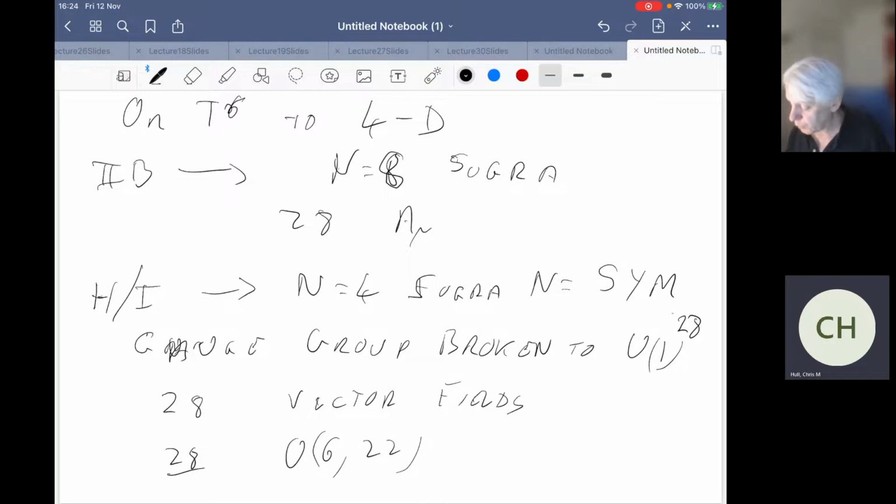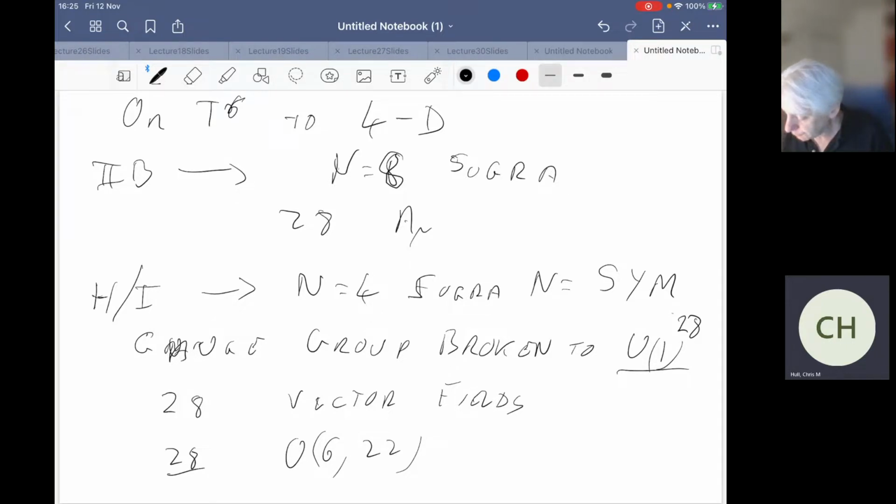At other points in the moduli space, or in other words, for different expectation values for the scalar fields, this group can be enhanced to a non-abelian group. So, for example, it could be enhanced to SO(32) cross U(1) to the 12, which is what you'd get from direct dimensional reduction from the SO(32) string in 10 dimensions, but without introducing any expectation values.